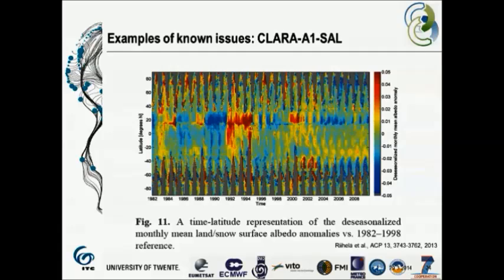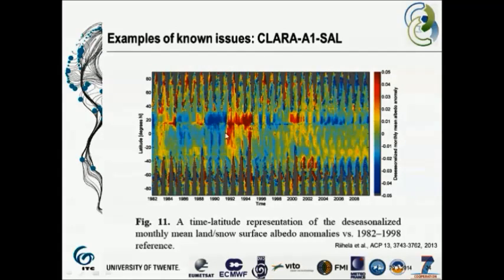I should point out that this is a Hovmöller plot. Time is running along the x-axis month by month, and every row in the y-axis corresponds to a latitude band on Earth. So we've averaged all the albedo retrievals over each latitude band for each month, and those then form the individual pixels in this image. You can tell by looking at this that there seems to be something going on in the mid-90s, in the mid-latitudes.